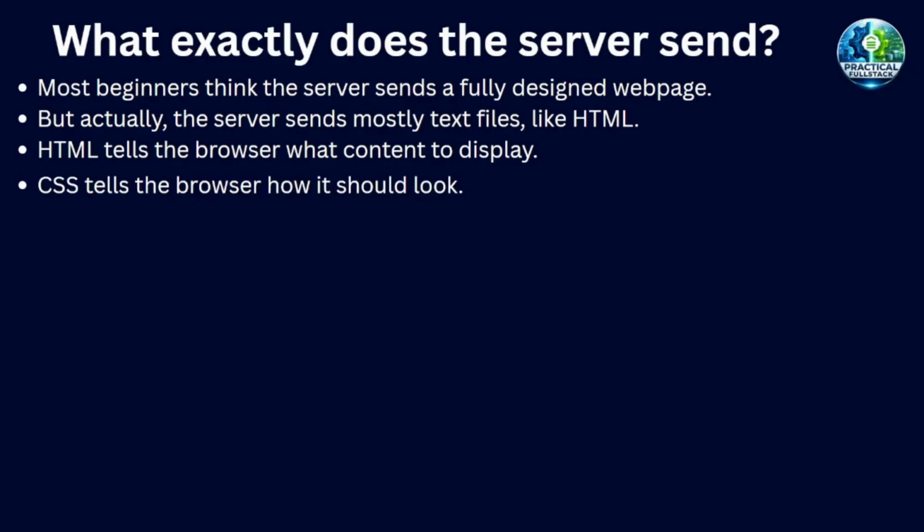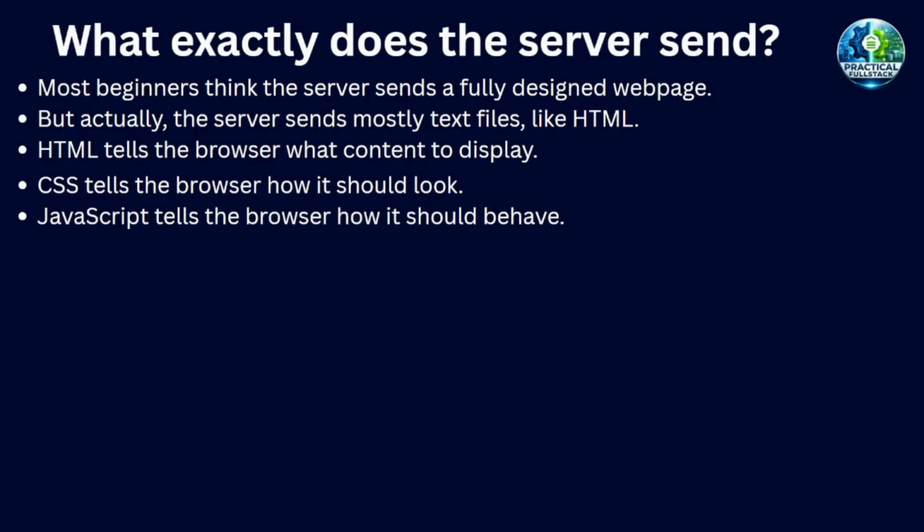Next comes CSS. CSS stands for Cascading Style Sheets. CSS controls how the page looks: the colors, fonts, spacing, layout, and overall design. And finally, there is JavaScript. JavaScript controls how the web page behaves. It adds interactivity, things like animation, form validation, drop-down menus, and dynamic content updates.